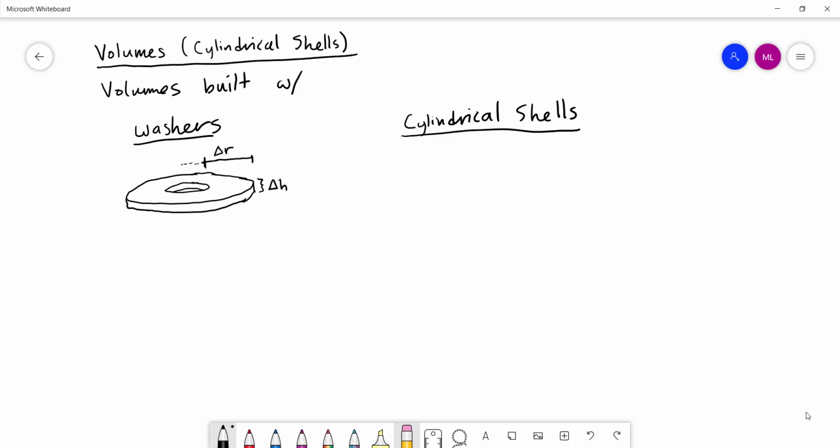When we're dealing with cylindrical shells, we're going to have a similar shape, but it's going to be more like this. So here is my cylinder. Try to draw this as carefully as I can without screwing it up too much. And we're going to have just a thin shell for this thing.